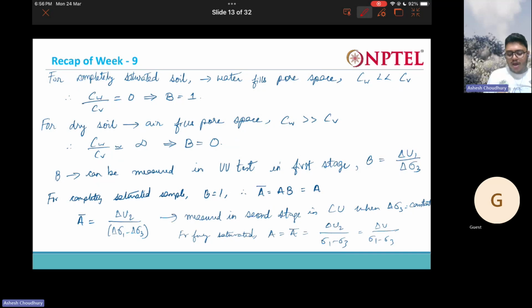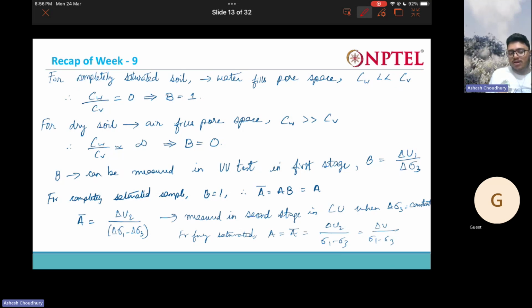If we have water in the pore space, you know that water is considered incompressible, so Cv, the compressibility of the soil skeleton, will be much higher than Cw. In that case, B becomes 1.